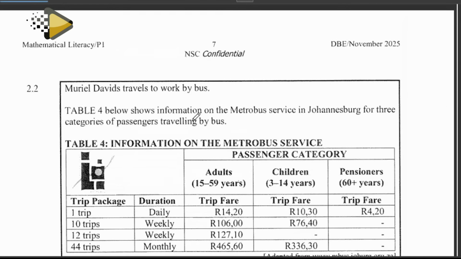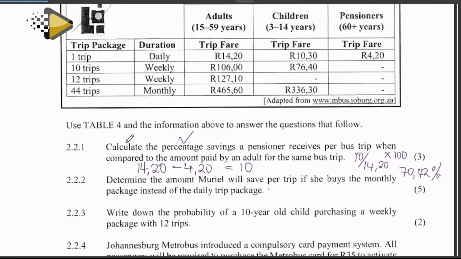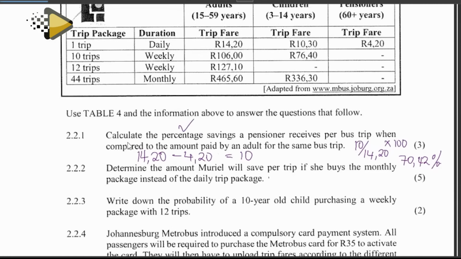Remember, they talked about monthly, it caters for 44 trips. Right? Monthly, this one here caters for 44. Now, this is daily, one trip. If she's going to cover also 44 daily, she'll say 44 times 14. You see that? Because we're going to compare that there.